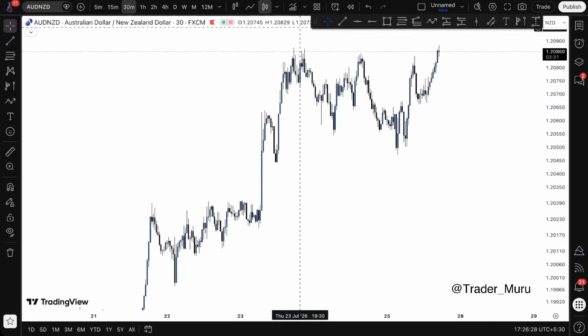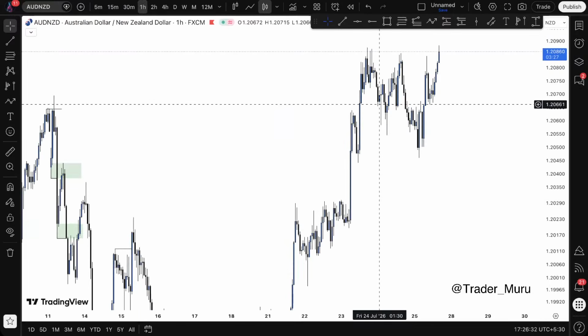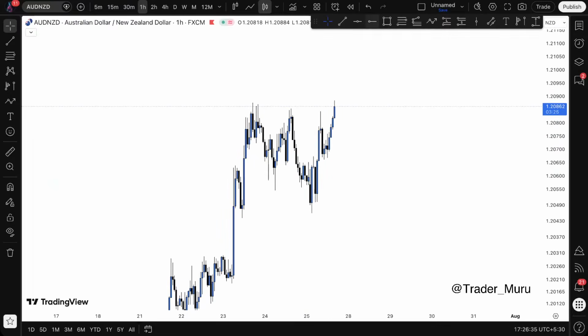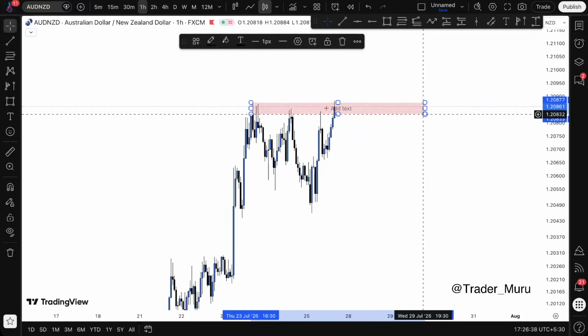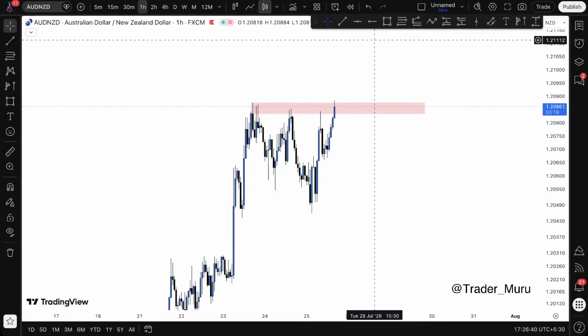AUD NZD is trying to give you a new opportunity for buy. Once it breaks above, this area will be your buy zone. Break above, retest and pump.